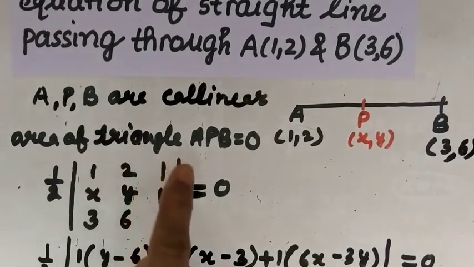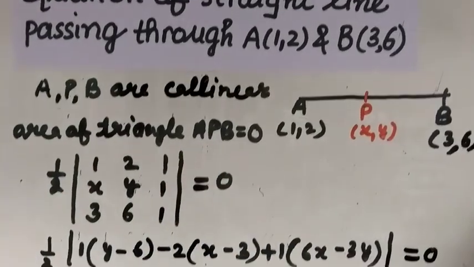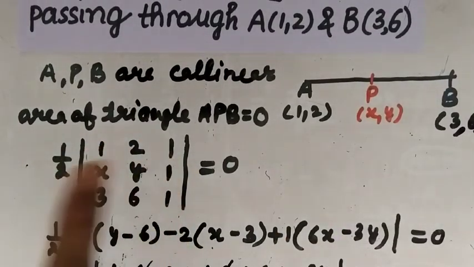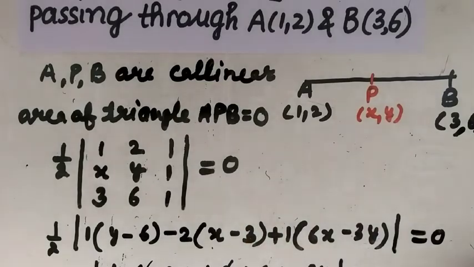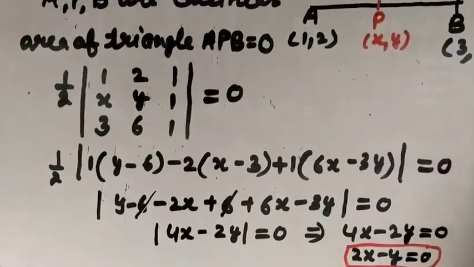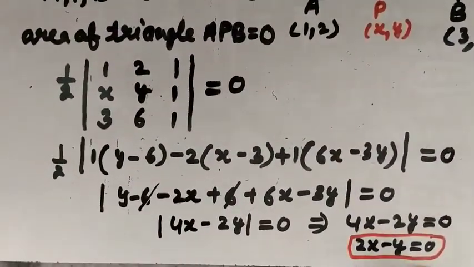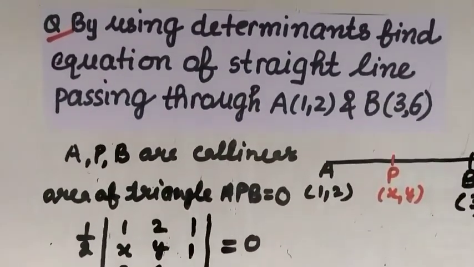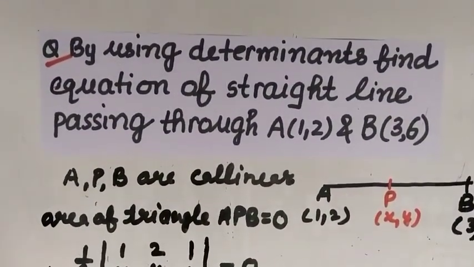That's why area of triangle APB will be 0. And this is the formula for finding area of triangle APB, and we will equate it to 0. After solving, we will get a linear equation in 2 variables x and y, which will be the required equation of the straight line. So students, it was all about applications of determinants.